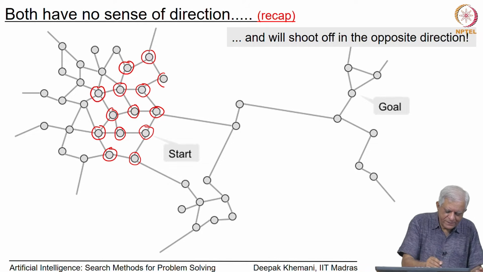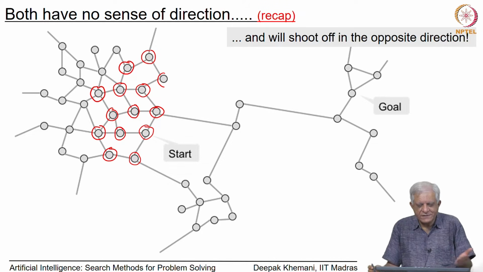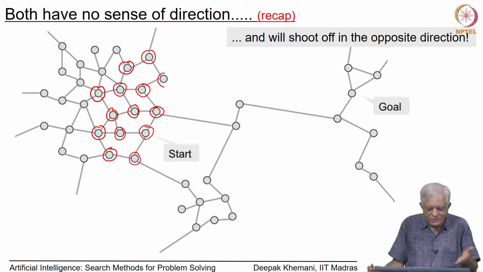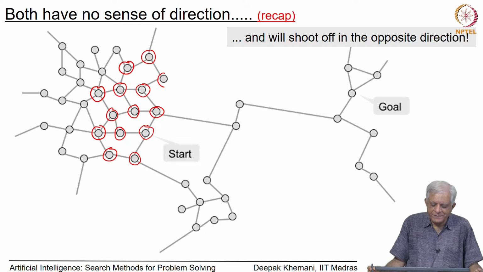So, you can see that this search is going in a totally wrong direction. It started with the start node and it is going towards the left as we see, whereas the goal lies on the right hand side of this particular graph essentially. And the reason this happens is because they always extend the cheapest path essentially.